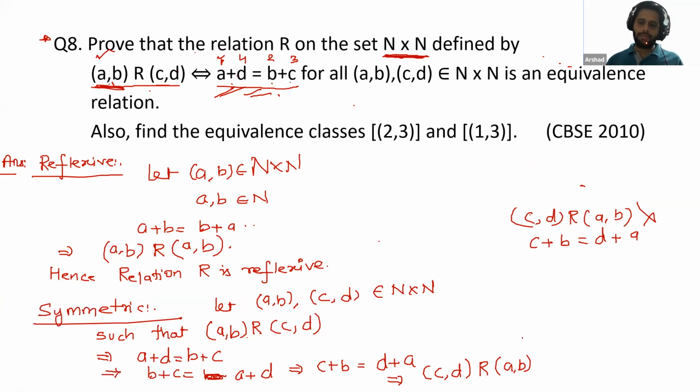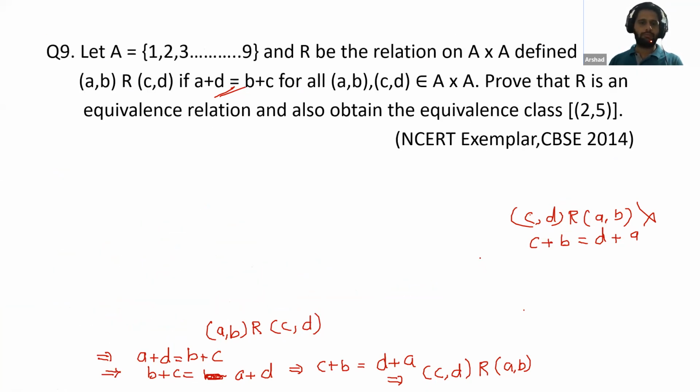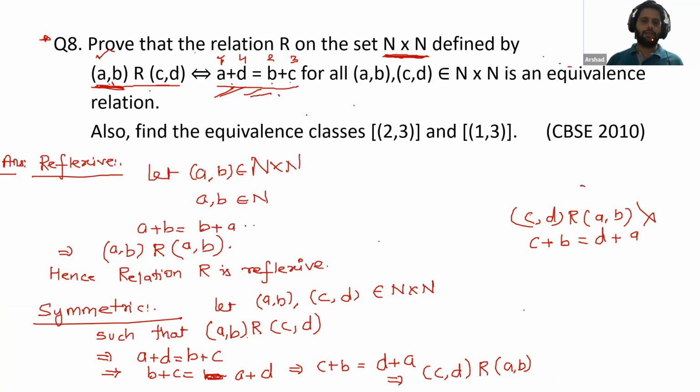Okay, so we get this. Now finally we can write the same thing. I do not have the space. There is some problem with my screen, so I'm just writing over here.